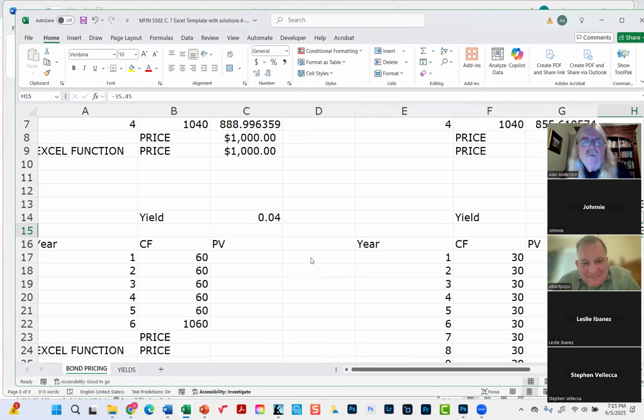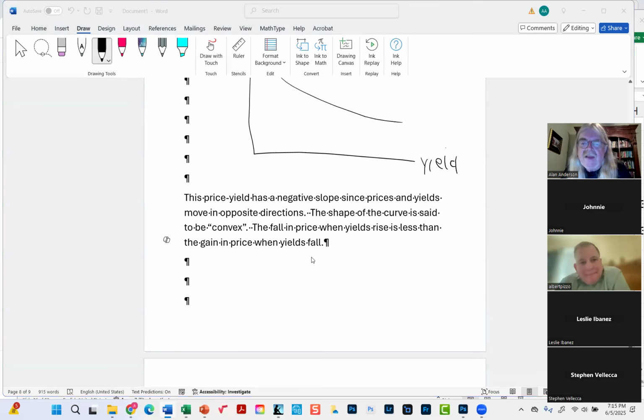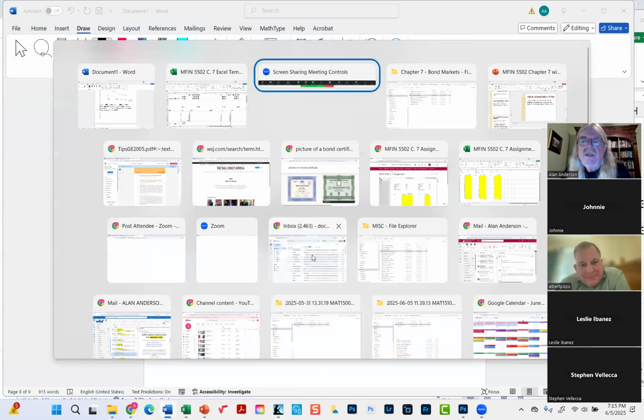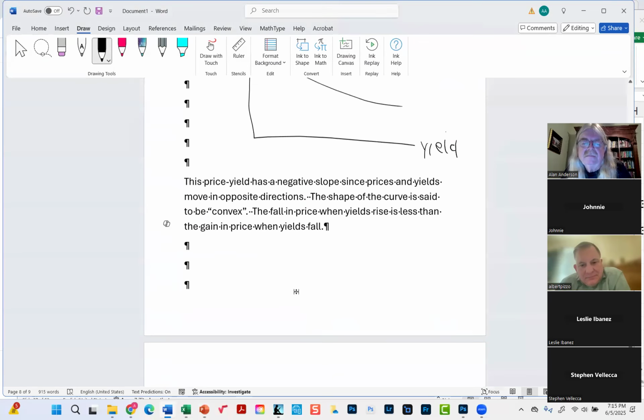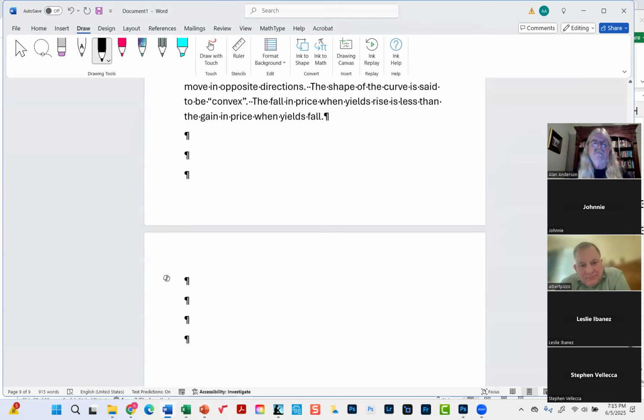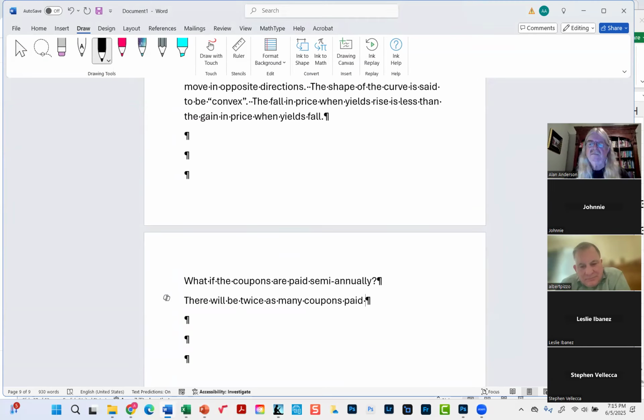Now, what happens though, if, as is usually the case, our coupons are paid semi-annually? That means there will be twice as many coupons paid twice as frequently over the same time frame.